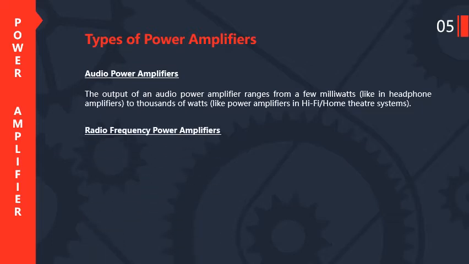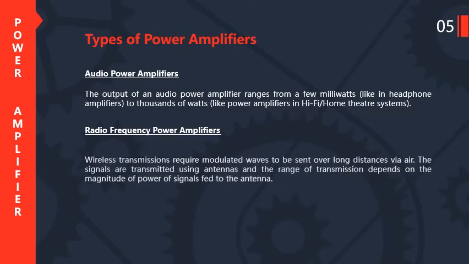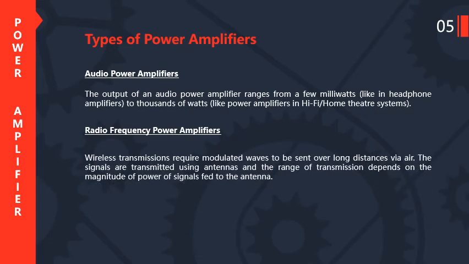Next is radio frequency power amplifiers. Wireless transmissions require a modulated wave to be sent over long distances by air. The signals are transmitted using antennas, and the range of the transmission depends on the magnitude of power of signals fed to the antenna.